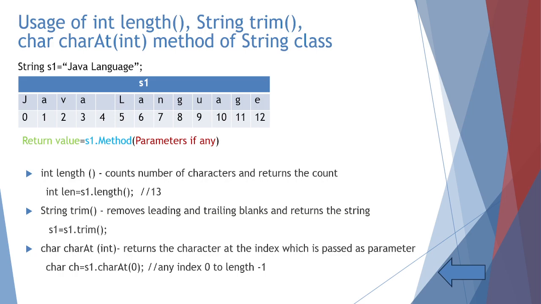That is J. Character at 0 is J. That J will be stored in ch, one character. And instead of 0, we can give any index till length minus 1. Length is 13, 13 characters are there, but index starts from 0 and ends at 12. So till length minus 1 we can give.